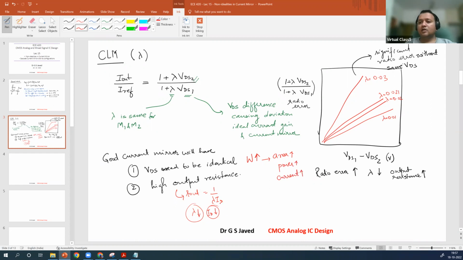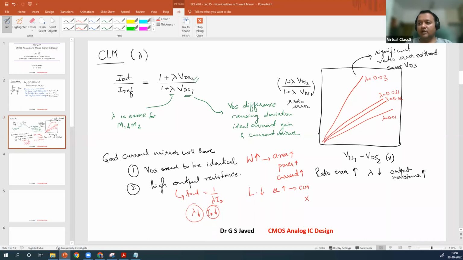Okay. Now, another option is L needs to be small. When L is small, your delta L can be large, which will increase channel length modulation. So that is also not preferred.